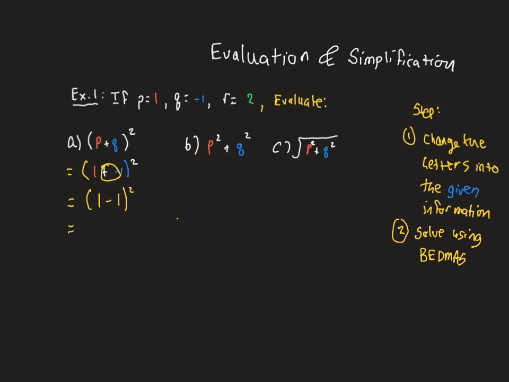Inside our bracket, we have 1 minus 1, which is 0. 0 squared, well, 0 times anything would be 0. But just in case people forgot what this means, when you have 0 squared, the squared basically means this is the same thing as saying 0 multiplied by 0. The 2 indicates how many times that number is multiplying, which would give me 0.